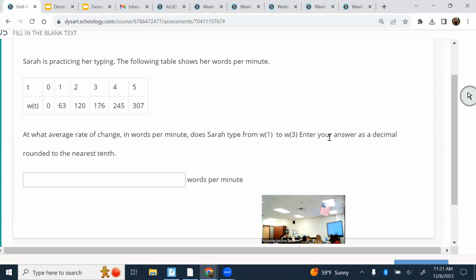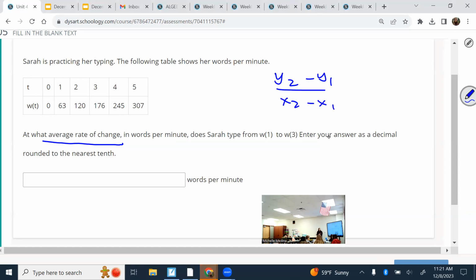So, let's see. When you see the phrase average rate of change, what should you automatically be thinking of? It's the slope formula. Good. Does anyone remember what that formula is? Okay, good.